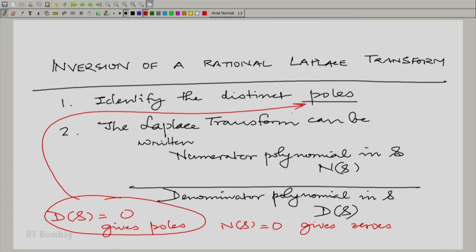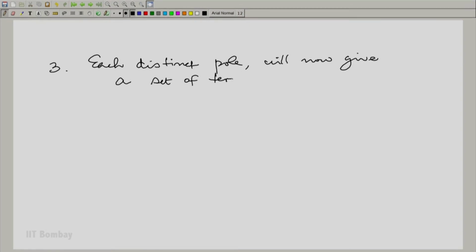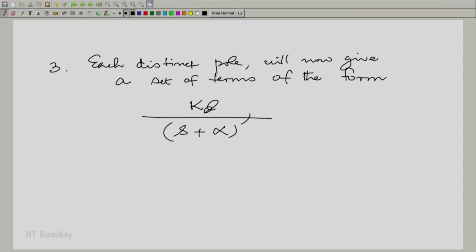So, when I say distinct poles, point number 3, each distinct pole will now give a set of terms of the form some constant, let us call it k sub l, divided by s plus alpha to the power l.